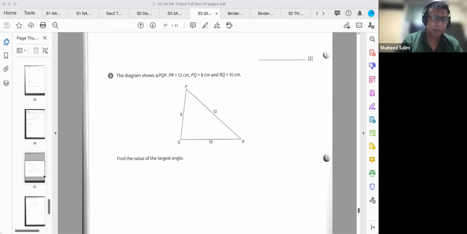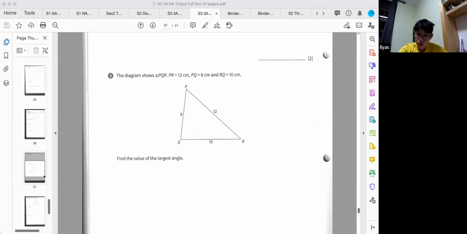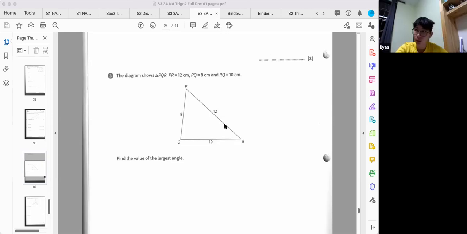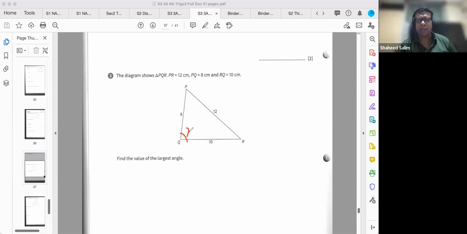Cosine, not sine, cosine. So you got to use that one. Which one do you think is the biggest? Biggest one is which angle? PQR. Good. Okay, so we call this x. Okay, now use that formula.